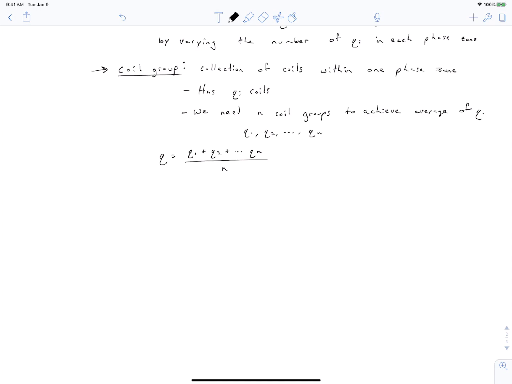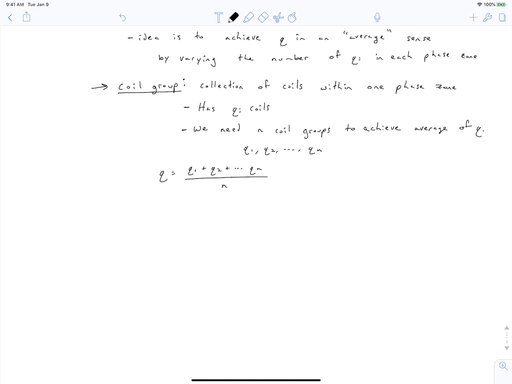So remember, q is this fraction, and it can be expressed in terms of z by n, where z and n are coprime. And so the only way that we can get this average value of q from a set of Qi's that have an integral number is to have n of them.